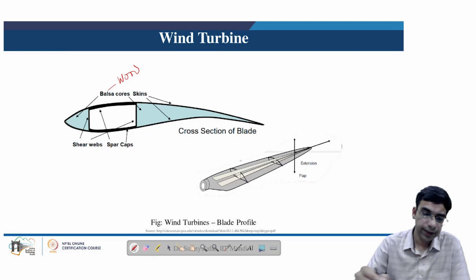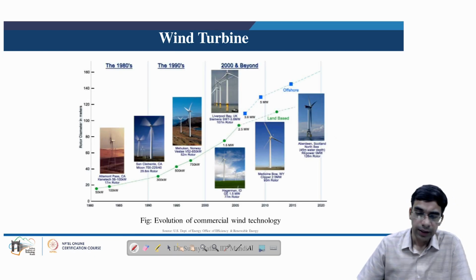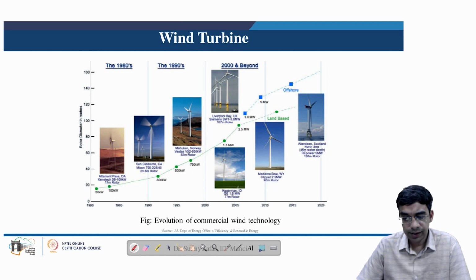And here we can see that the size of the wind turbine has increased, because work with the wind turbine started in the 1980s. At that time the rotor diameter was approximately 20 meters, and the wind turbine could generate approximately 50 kilowatts of energy.